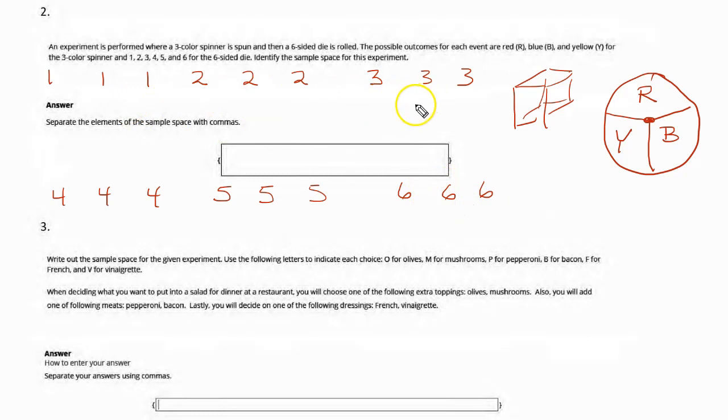Again, you want to develop some sort of strategy. Now, you could have a 1 with a red, and then a yellow, and then a blue. And you're going to do that now for each of these. Take a moment.